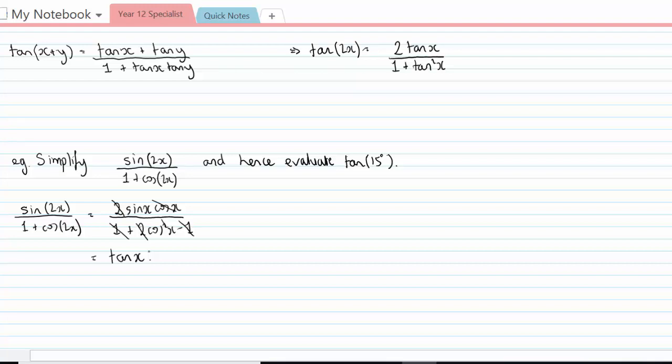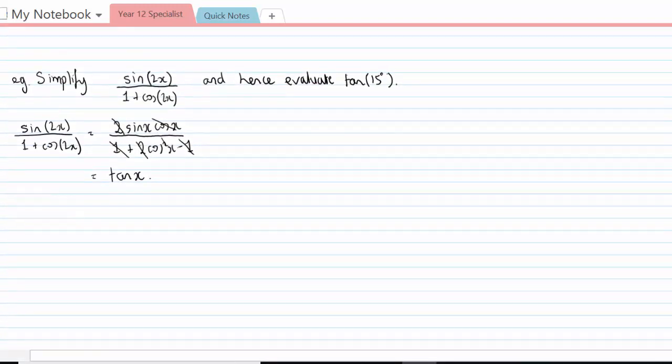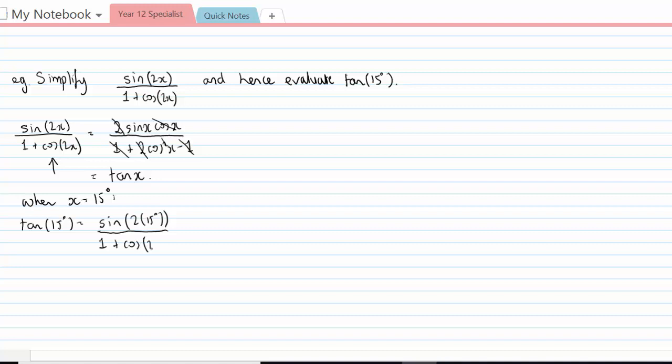So that was quite nice. And from there we need to evaluate tan of 15 degrees. Well, what we can see then is that x must be 15 degrees. So when x equals 15 degrees, then we're going to get tan 15 equaling sine of 2 times 15, just using this left hand side of the equation here, over 1 plus cos of 2 times 15.